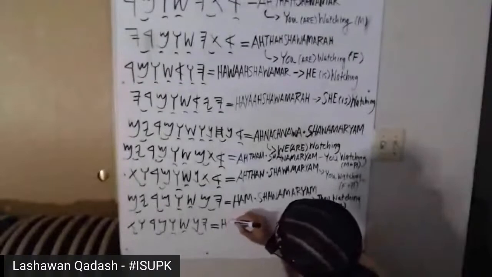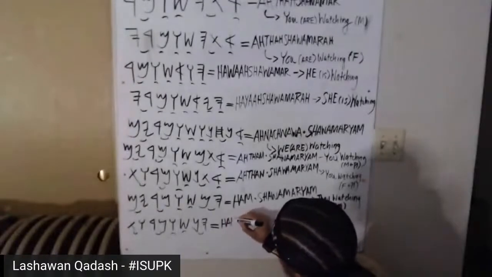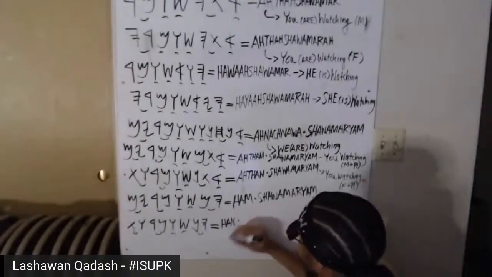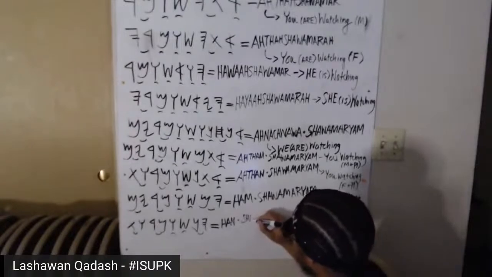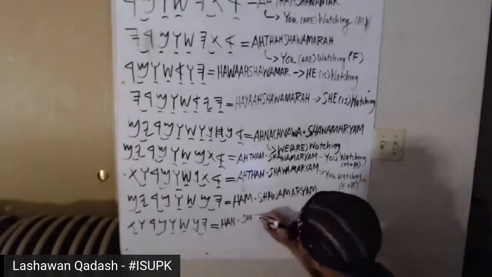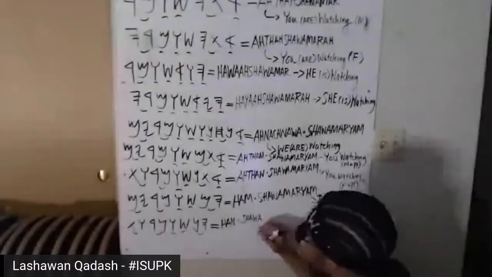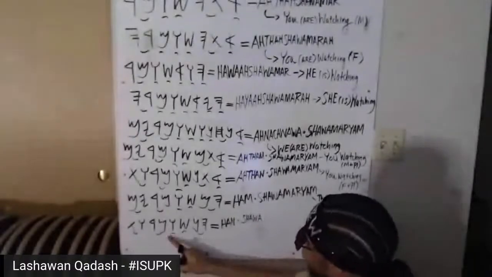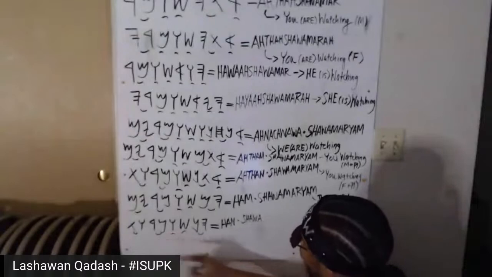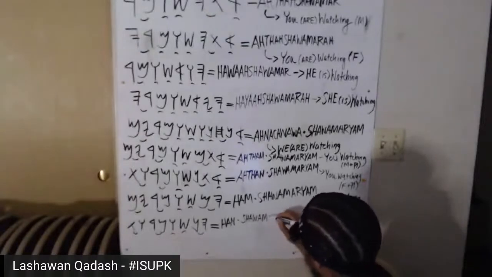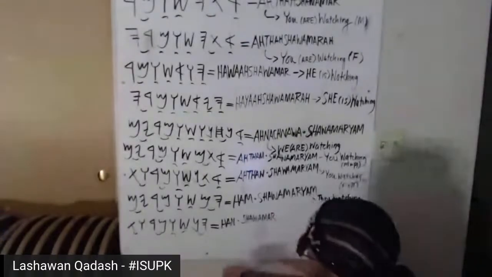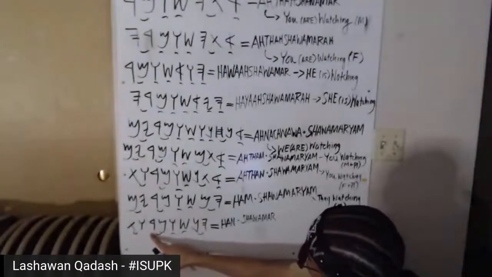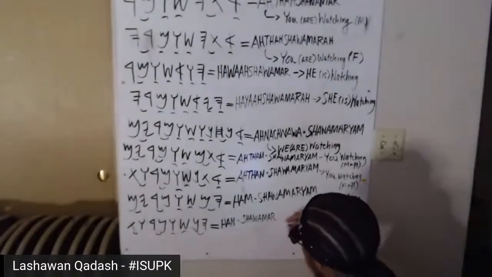So ha connected to the na is hun. You got the sha, SHA, the wa, WA. You have the ma and the ra, which is going to be MAR, mar, because the A drops off towards the end of the word in most cases.